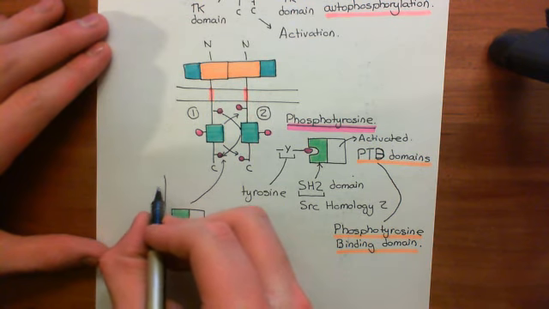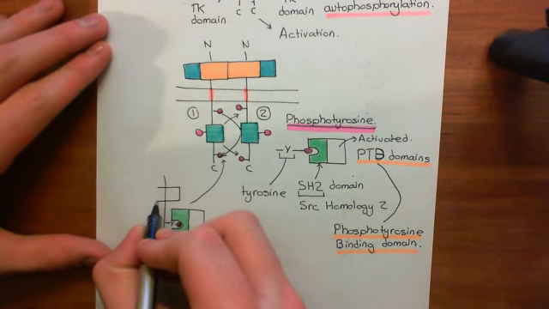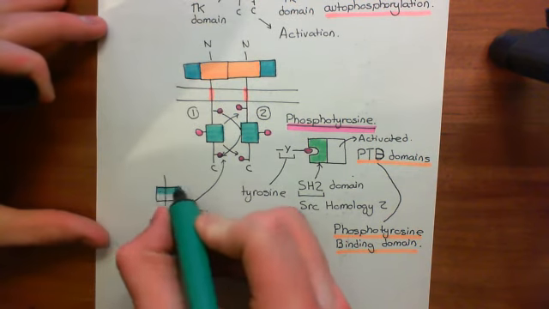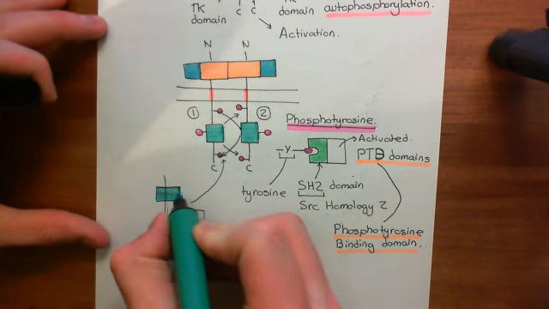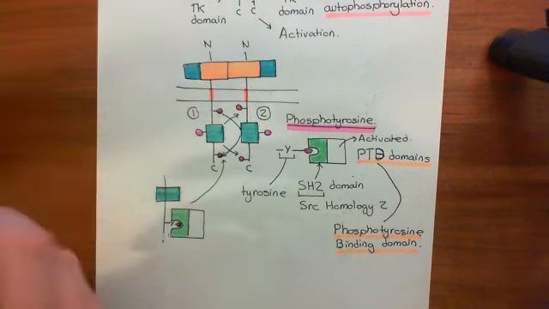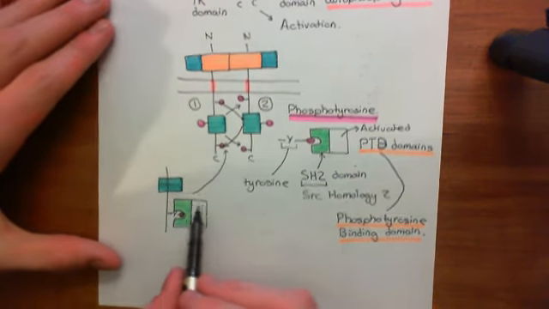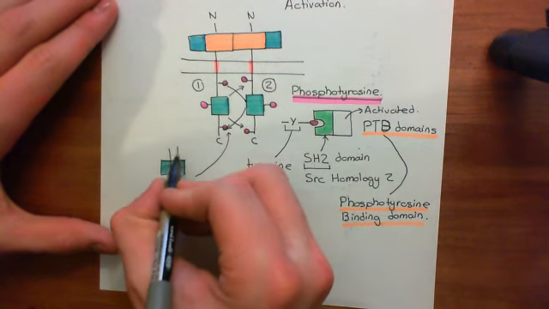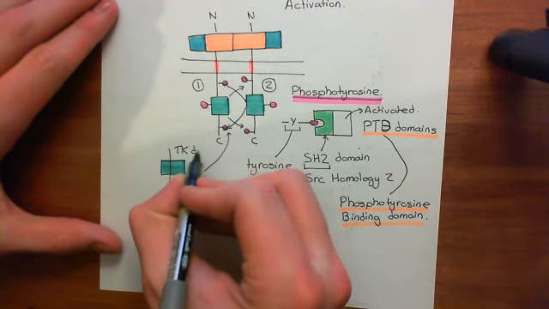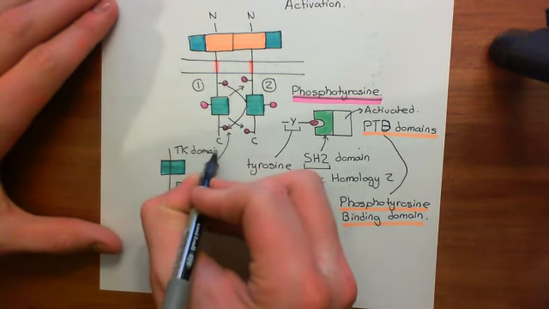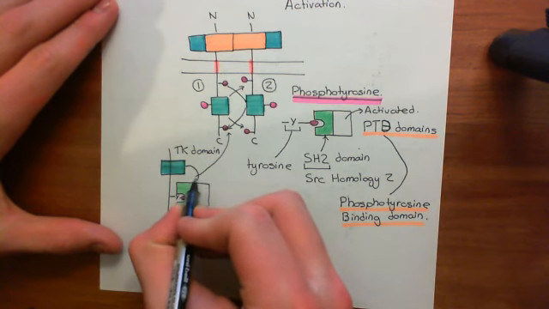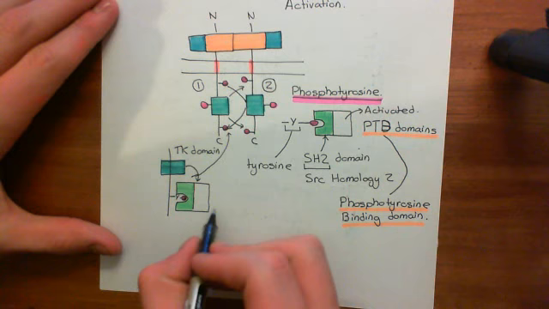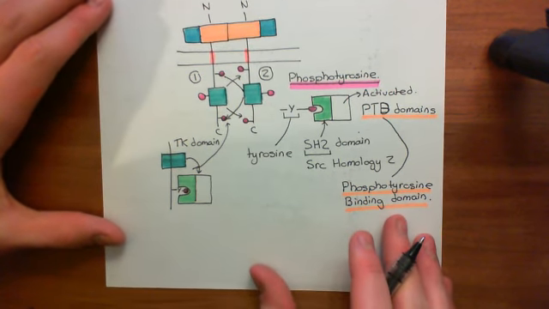But now what's happened is we've positioned our protein extremely close to this tyrosine kinase domain. Binding to the phosphotyrosine residue hasn't actually activated the protein, but it's positioned it beautifully close to this tyrosine kinase domain here. And now what will happen is the tyrosine kinase domain will phosphorylate a tyrosine residue on this protein, and that will then change the function of this protein.